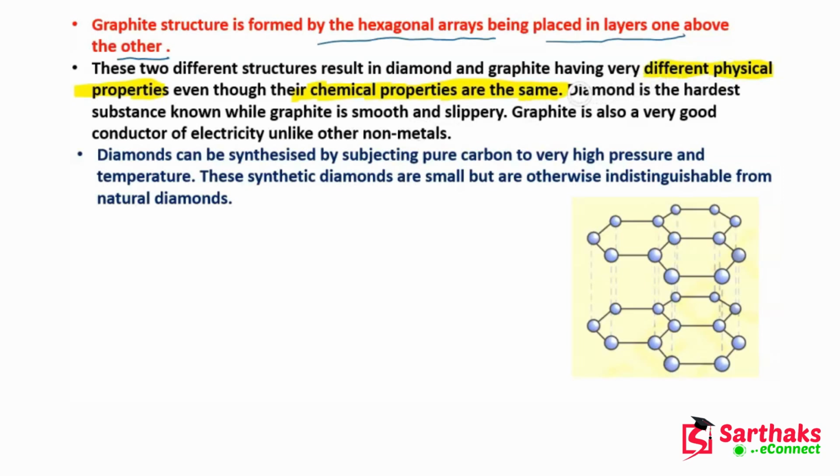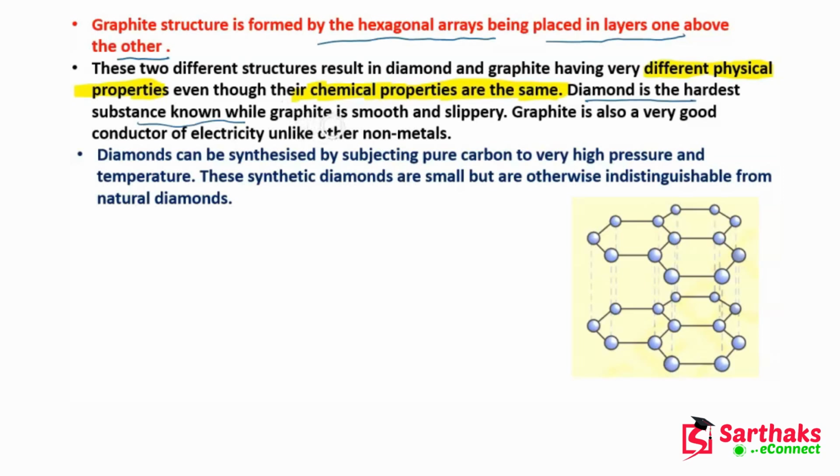Now, diamond is the hardest substance, and we already know that diamond is very hard in nature. But if I give you the example of graphite, the nib of the pencil is made up of graphite.